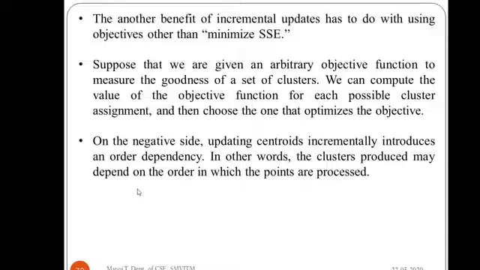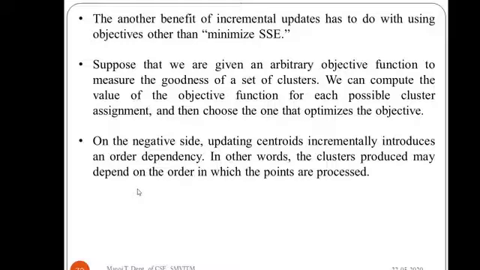Arbitrary means we don't know what it is. Then we can compute the value of the objective function for each possible cluster assignment, and choose the one that optimizes the objective. That way it is advantageous to us in terms of the calculation of the objective function.